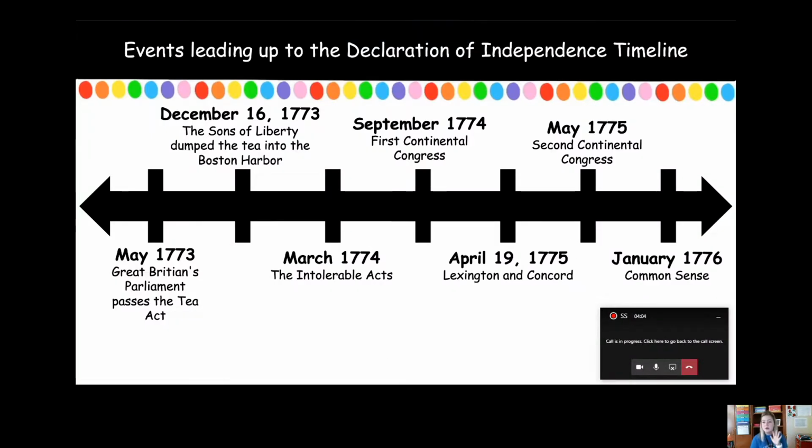So we are going to start talking about the events that lead up to the Declaration of Independence, and we are going to view it inside a timeline. Now, my Social Studies Weekly has a timeline on the back. However, since all of you are at home, you don't have this.